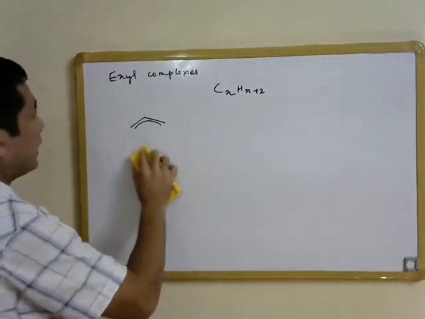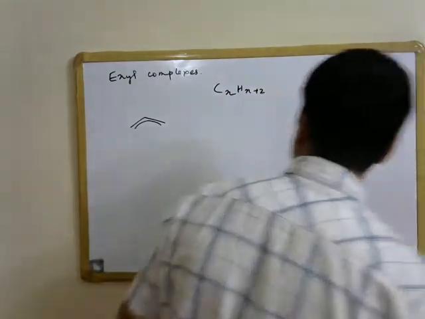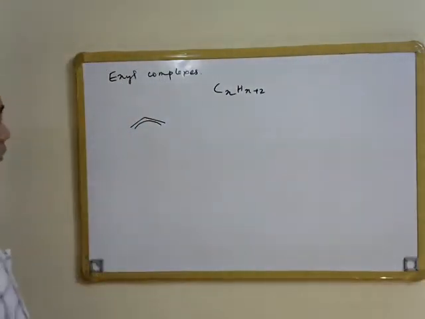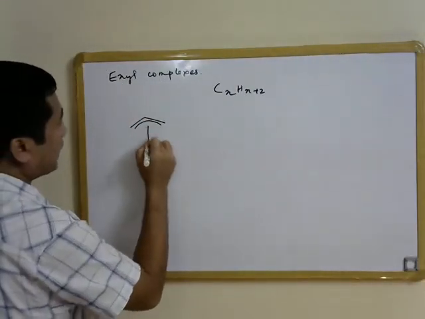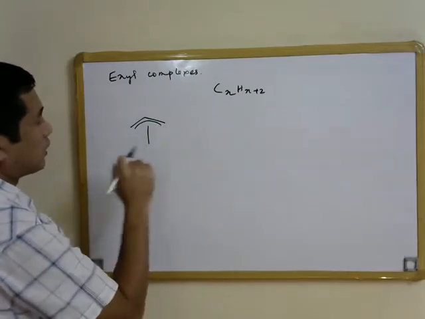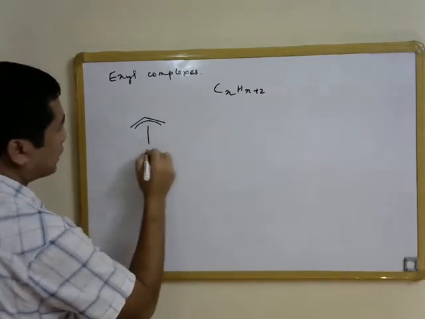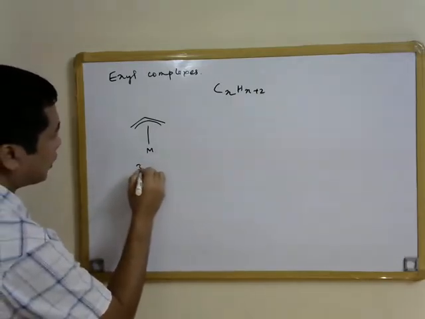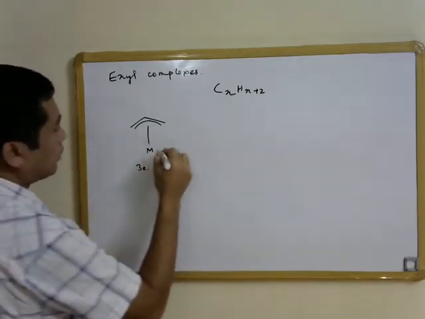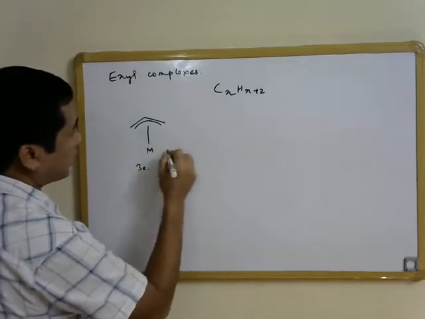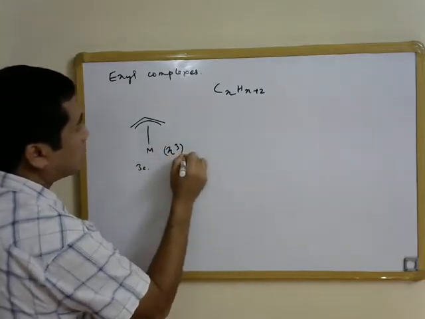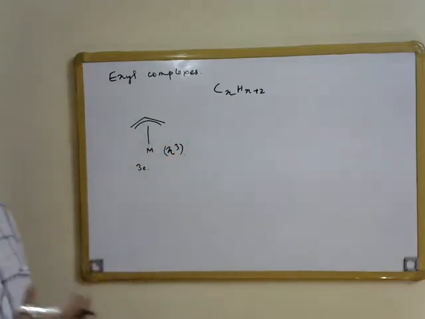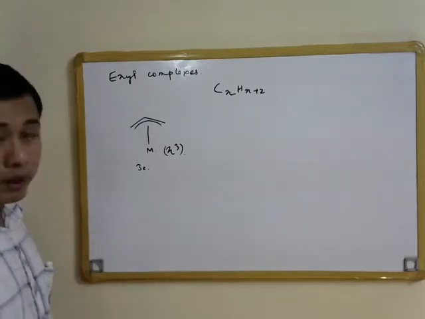So this is allyl ligand, the simplest of the enyl ligands. It binds to metal centers in eta 3 fashion, that is, all 3 carbon atoms are considered to be bonded to the metal center.